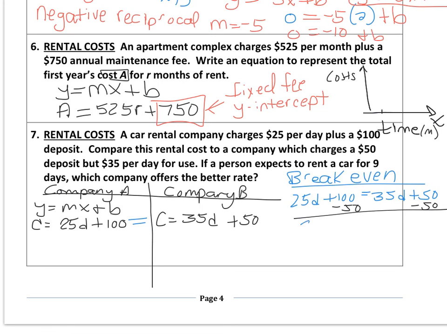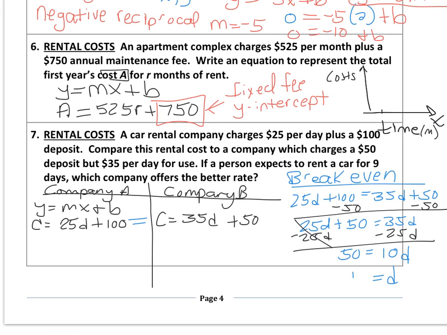And I have 25 days plus 50 equals 35 days. And I'm going to subtract 25 days from both sides. And I have a cancel there, and 50 comes down equals 10 days. And I'm going to divide both sides by 10. And I get D equals 5.